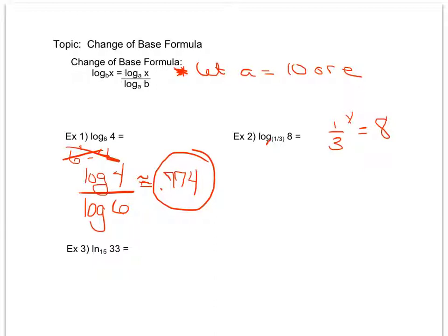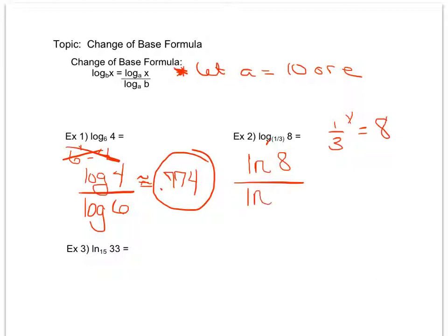Well, change of base tells me I can pick my base. Let's say I pick e this time, since I picked 10 last time. Well, if I do log base e, I know writing log base e is the same thing as writing ln of 8, because according to my formula, I put whatever I was taking the log of originally on top, divided by log base e.